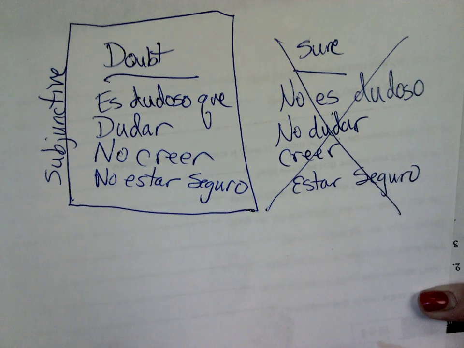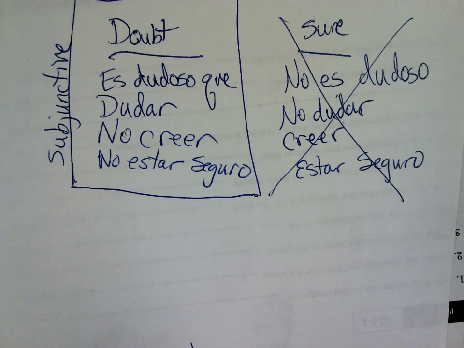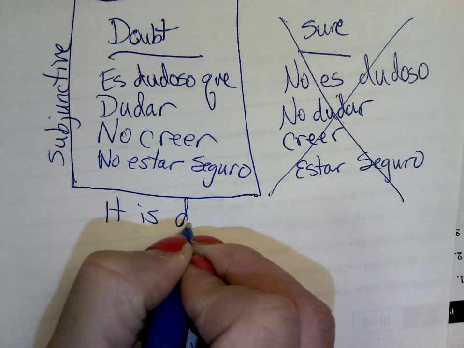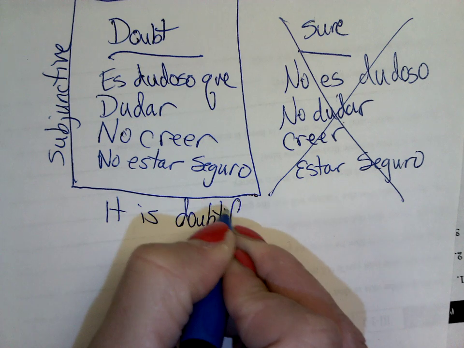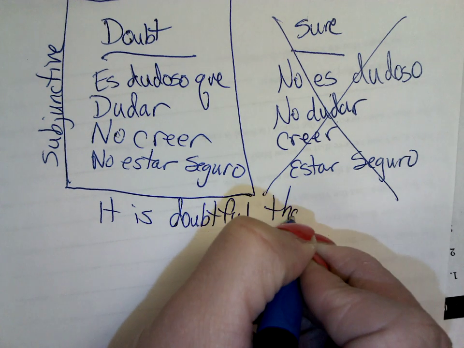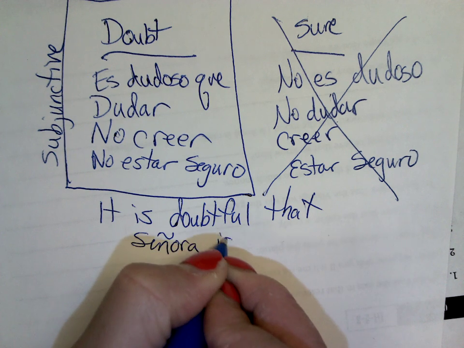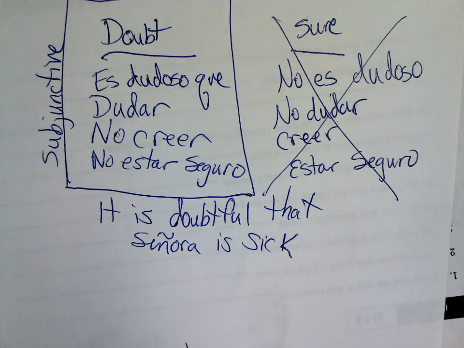So let's take a look at an example here. If I say, it is doubtful that Senora is sick. Okay, so we need two things, friends. We need a doubt, and of course we always need that switch in subject.